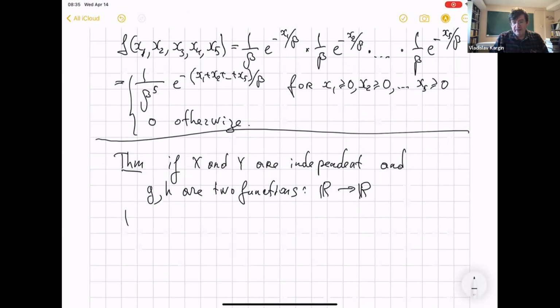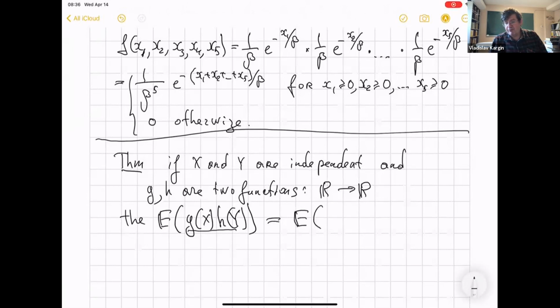Then we can write that the expectation of g of x multiplied by h of y, the expectation of this function of two random variables, a function of x and y that is just a product, turns out to be equal to the expectation of g of x multiplied by the expectation of h of y.